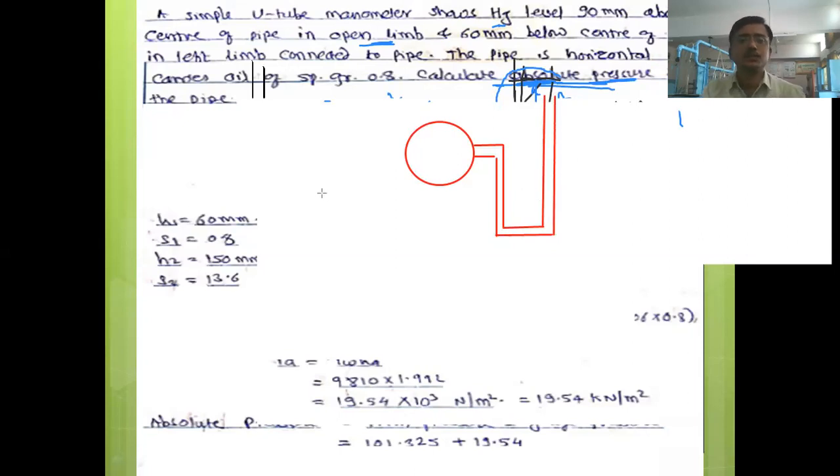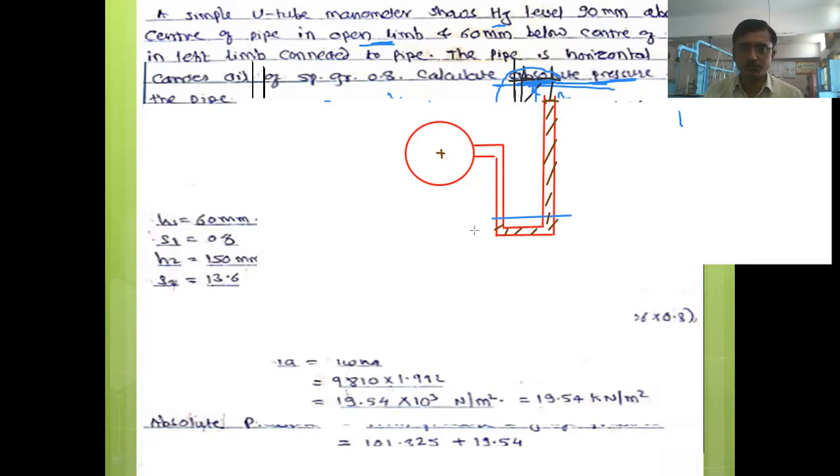Okay, this is the pipe. Now in this, this is the manometer. In this manometer there is mercury. So this is the datum line, right? And there is mercury inside it. The mercury level is up to this point. Okay, this is the center of the pipe.